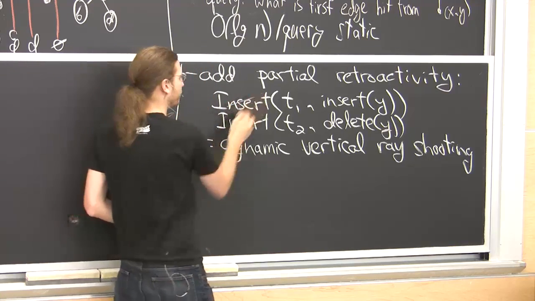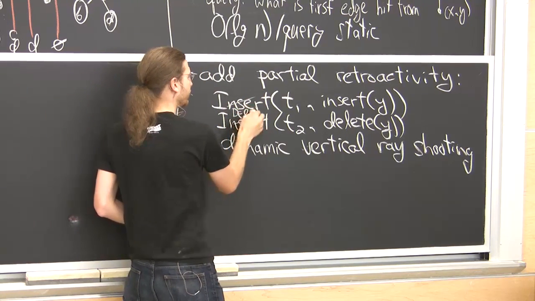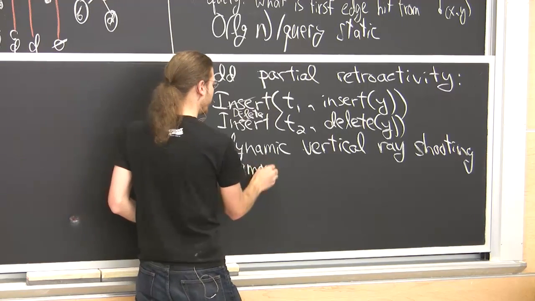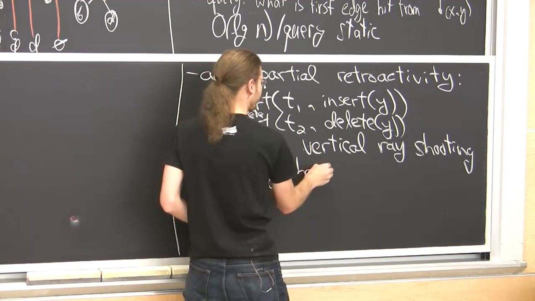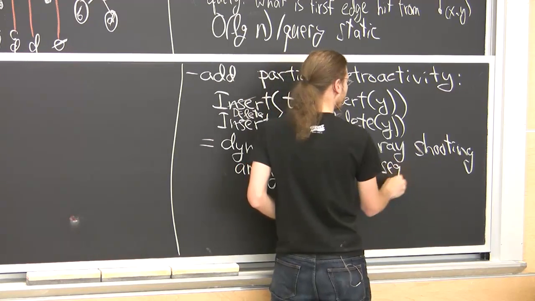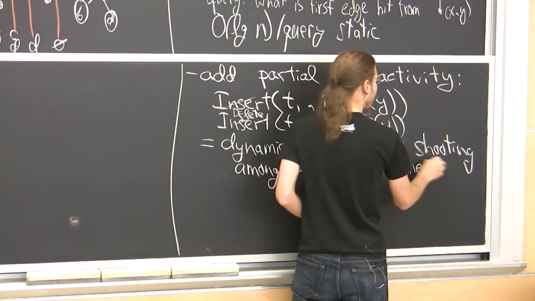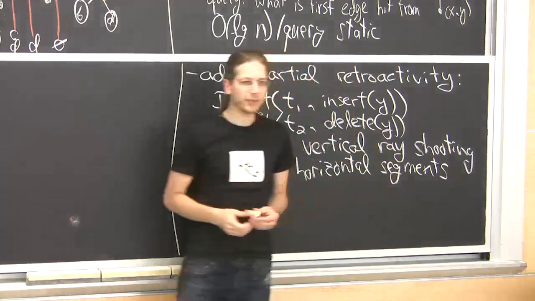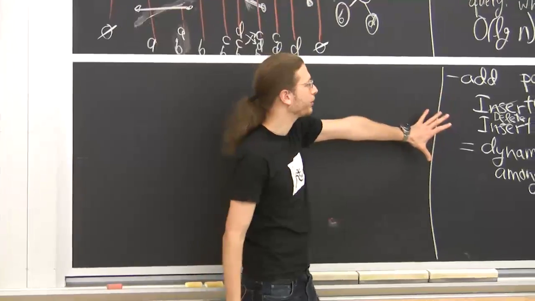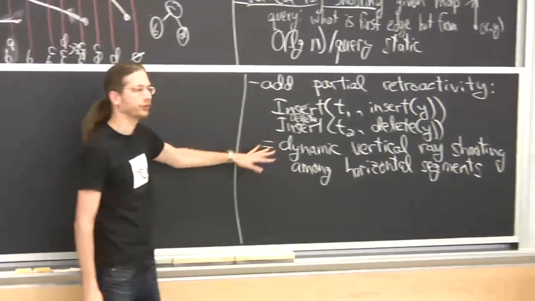If you instead do delete here, then you're deleting one of the segments. This is among horizontal segments. So if your map is made of horizontal and vertical segments, so it's an orthogonal map, then you can solve the dynamic problem using a partially retroactive successor.